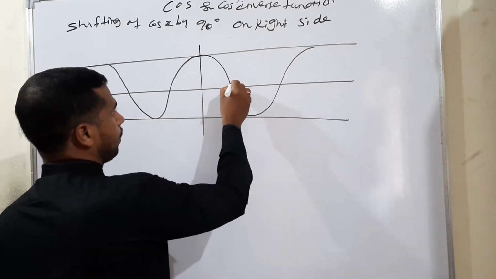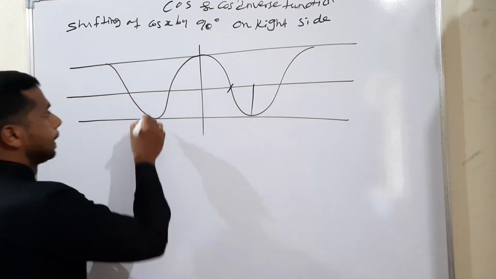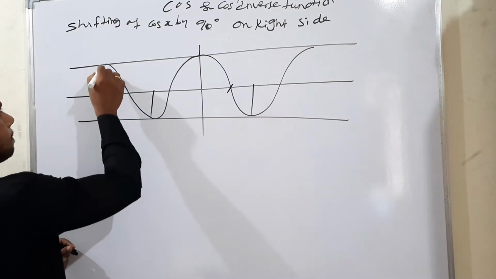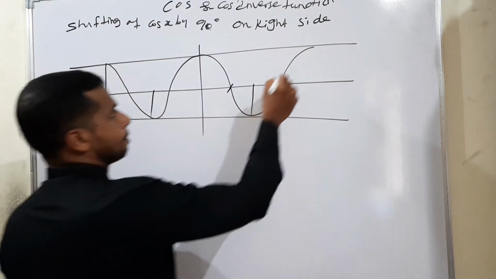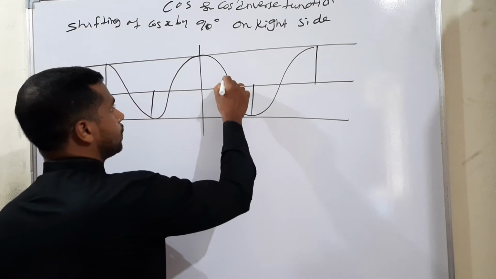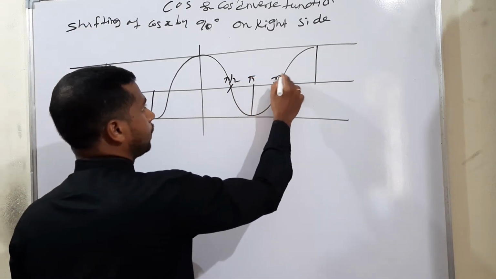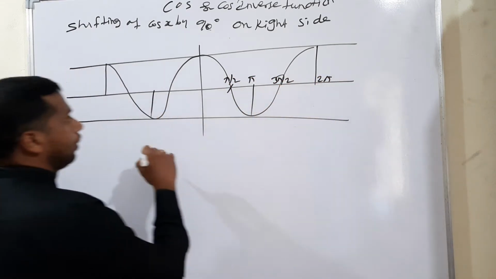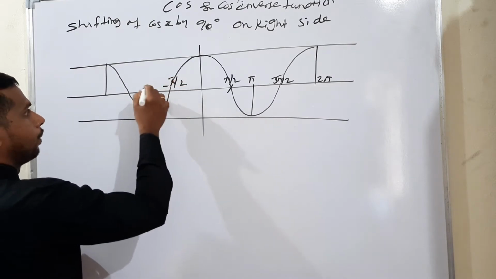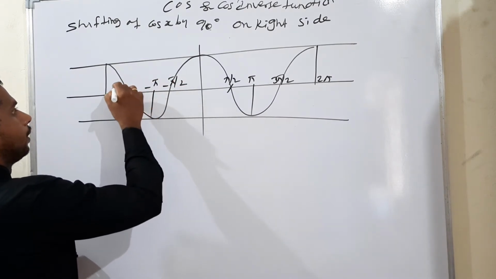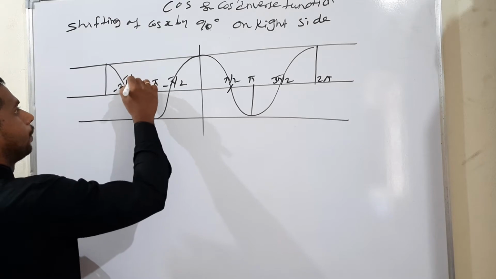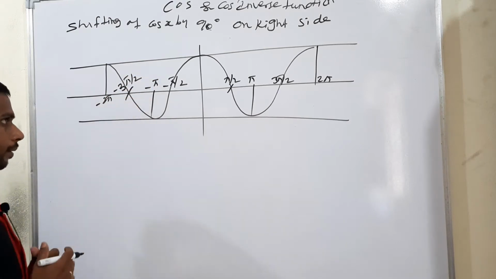So consider this: pi by 2, pi, 3 pi by 2 and 2 pi. On the opposite side, negative pi by 2, negative pi, negative 3 pi by 2 and negative 2 pi.